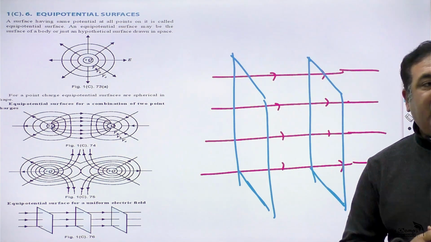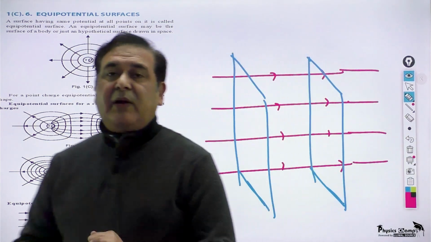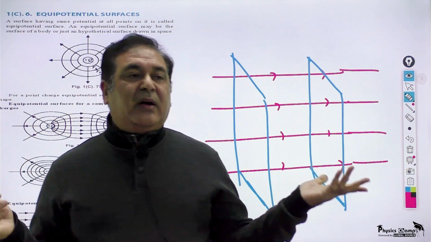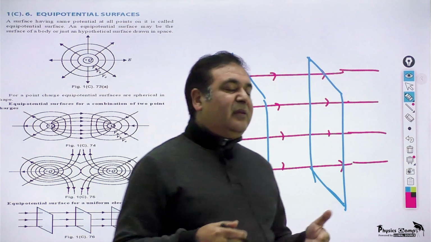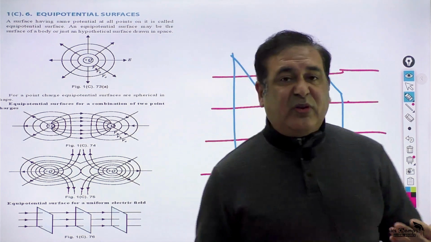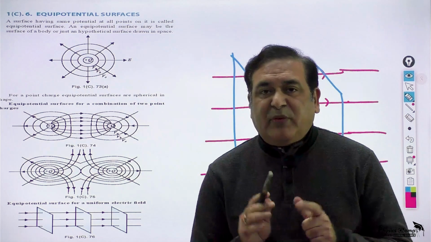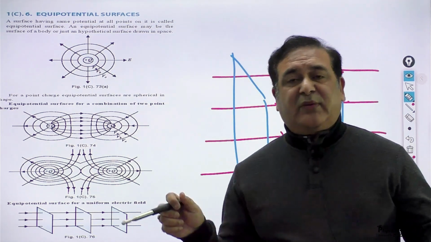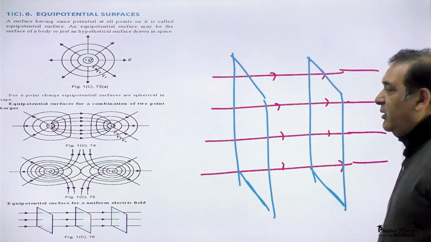So we have understood the concept of equipotential surface. If I ask you what an equipotential surface is, your answer is that equipotential surfaces are the surfaces at every point of which the potential is the same. My question can be to draw some equipotential surfaces due to a positive and negative charge combination, or two positive charges, or a uniform electric field. So you have these examples.